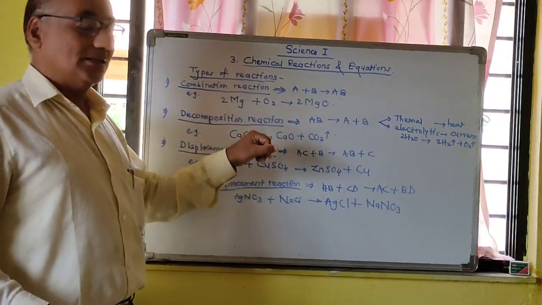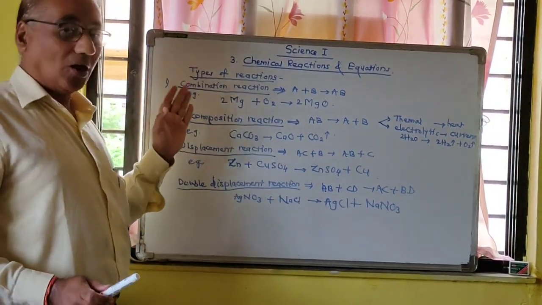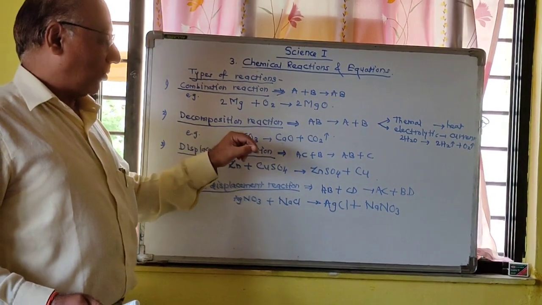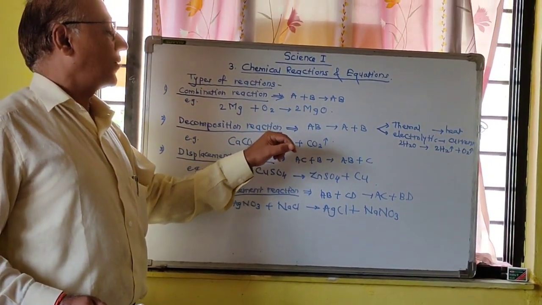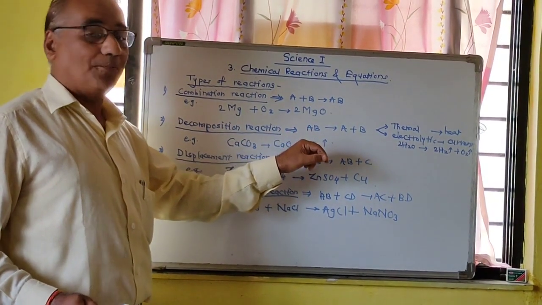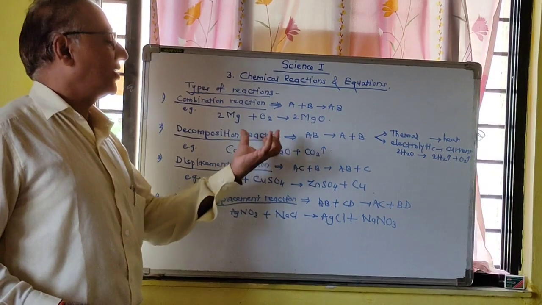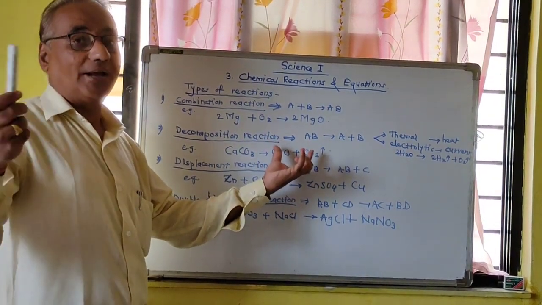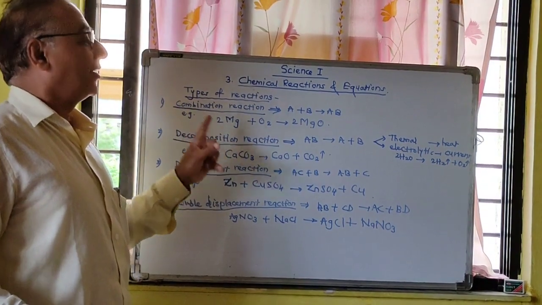Now here we consider the example of decomposition reaction. Calcium carbonate, when heated, forms calcium oxide and carbon dioxide gas. A single reactant gives two or more products, so it is known as decomposition reaction.